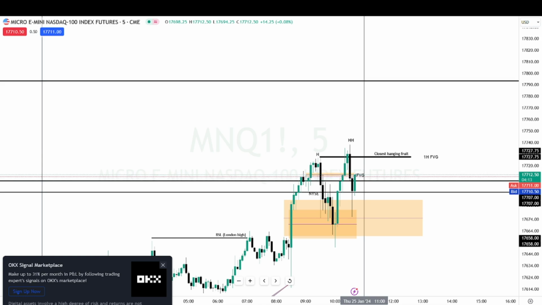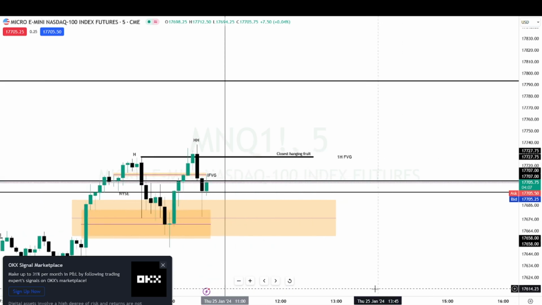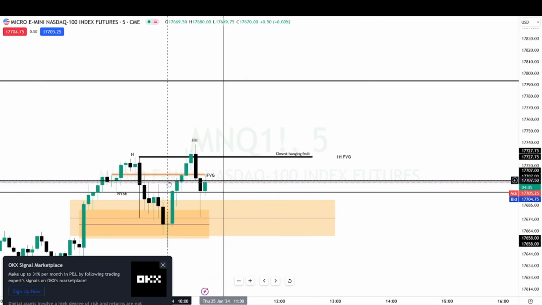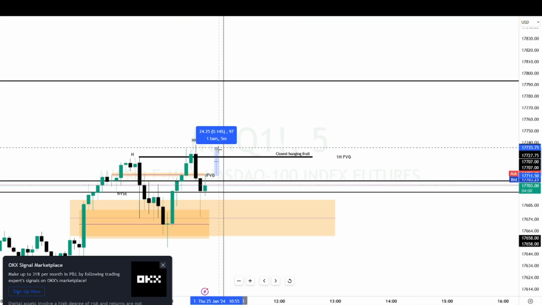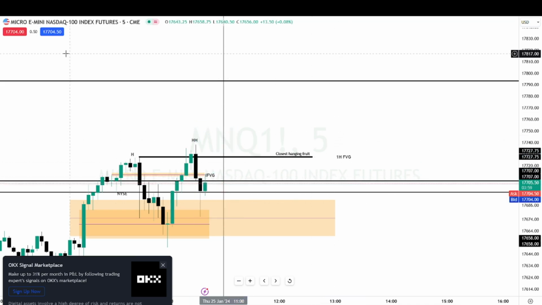Then I have this fair value gap on a 5 minutes time frame. So I'm willing to risk this trade, guys. I'm willing to risk this one right here because it's still within the time. As you can see, the sell right there.